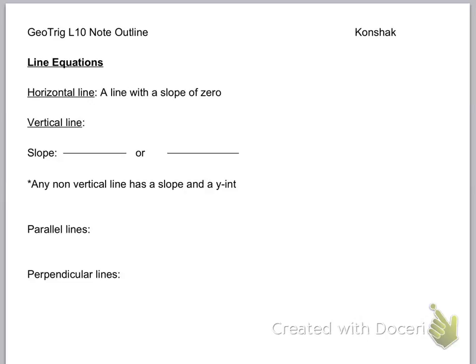So our line equations, guys, we have a horizontal line. A horizontal line is a line that has a slope of 0. Wait a minute, we're talking about slope. Slope is actually one of the definitions or things that we have to figure out. But first, let's go to a vertical line.